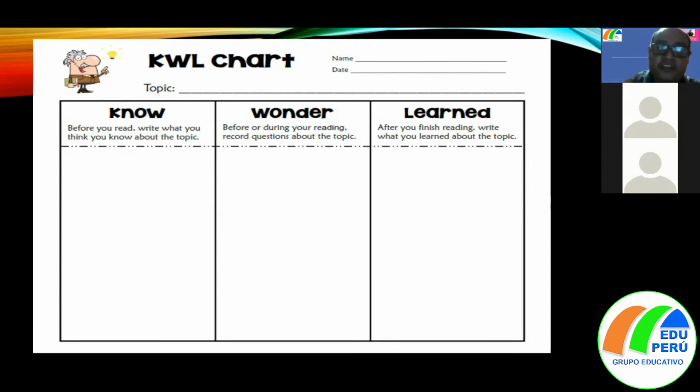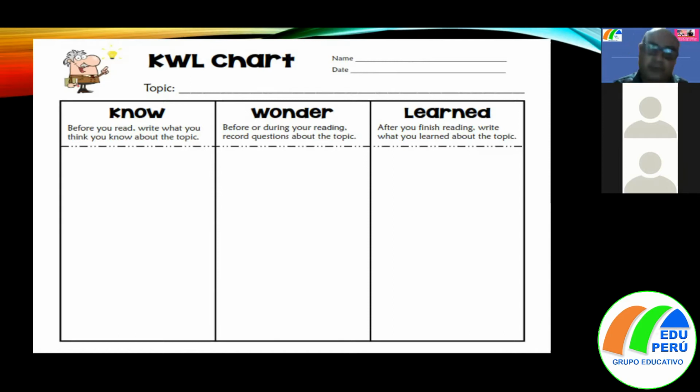Notice here we are using these two processes, the prior knowledge of our students and the decodification of the information given in the text. All right. So notice these processes. Now I want to show you this chart because I think it exemplifies, in a good way, these two processes.